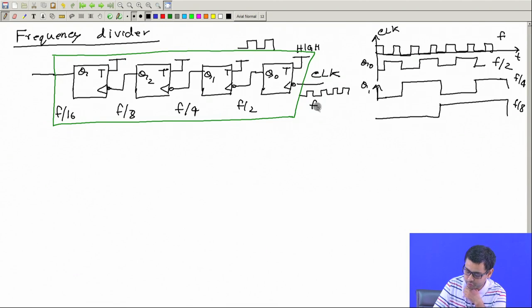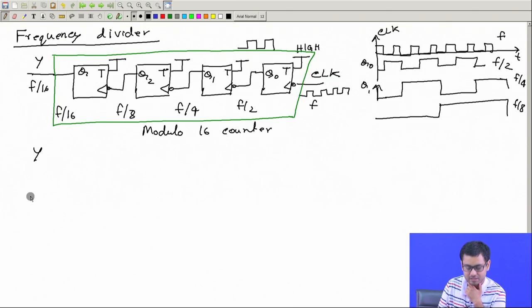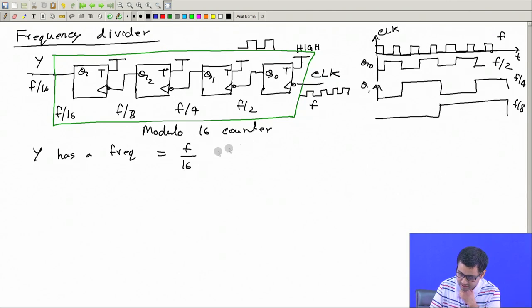So we have input frequency f and the output frequency f by 16. So this is a modulo 16 counter. Call this output y. So y has a frequency equal to f by 16, where f is the input frequency.